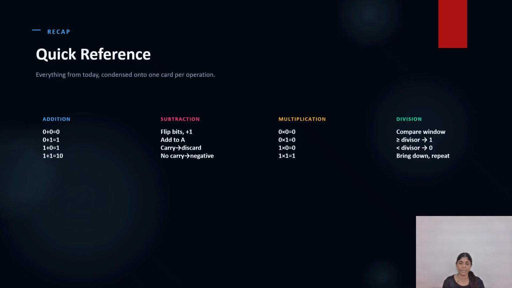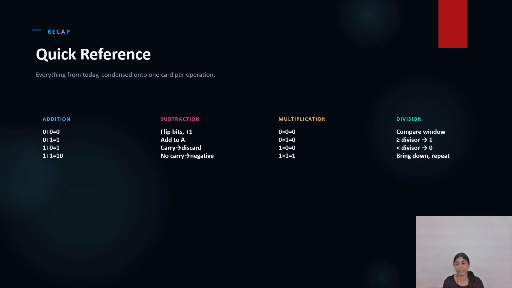If it is a multiplication, 0 into 0, 0, 0 into 1, 0, 1 into 0, 0 and 1 into 1, 1. If it is a division, you have to do first step as a compare window. One bit, each and every bit should be compared with the divisor.